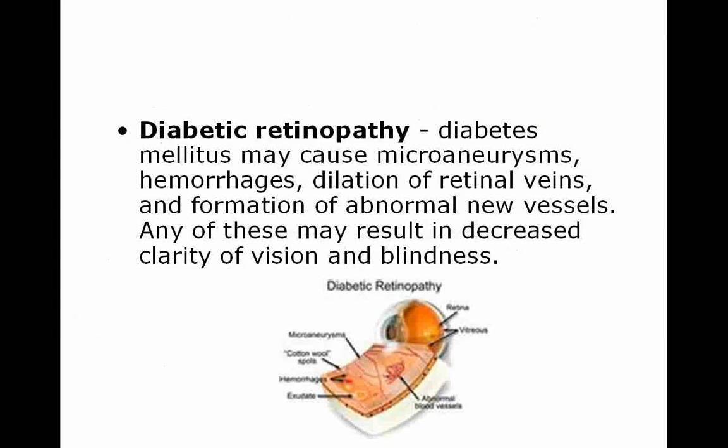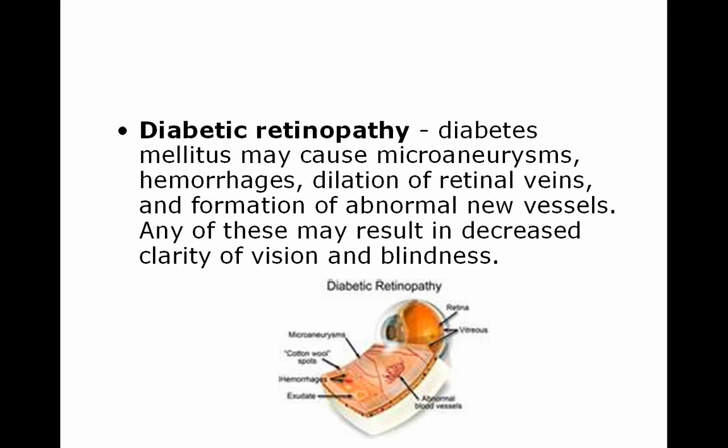Next is diabetic retinopathy. And as you see in the name, it's caused by diabetes mellitus. The effect of the diabetes mellitus and the high blood sugar that goes along with it, and the lack of the sugar getting into the body cells, will actually cause the retina of the eye to have microaneurysms, very tiny areas of bleeding behind the eye, dilation of the veins, and abnormal new vessels will form.